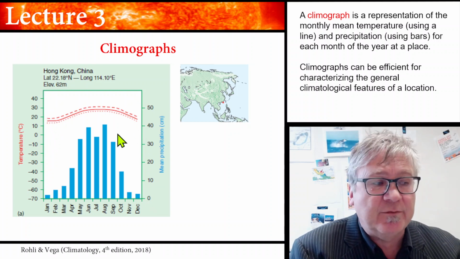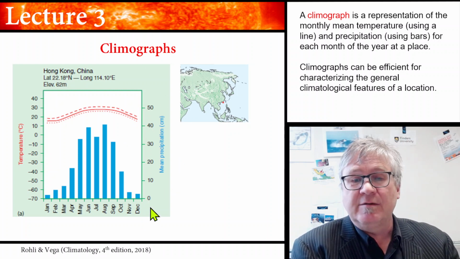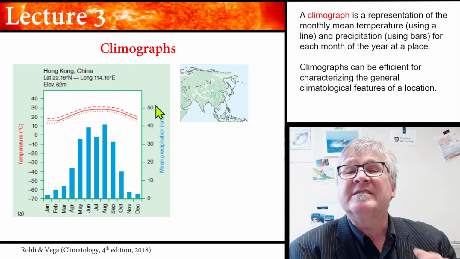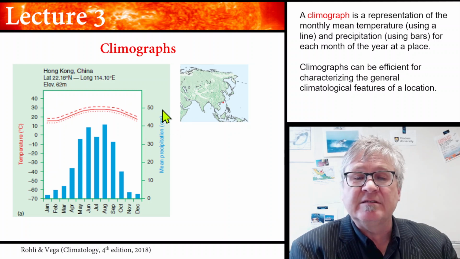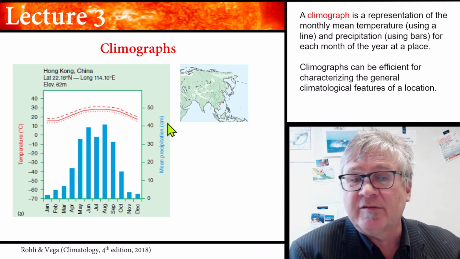In this graph, precipitation is on the right-hand side and goes from 0 to 50, and the unit is centimeters per month. Although it does not say months explicitly here, it's centimeters per month because it's monthly data.